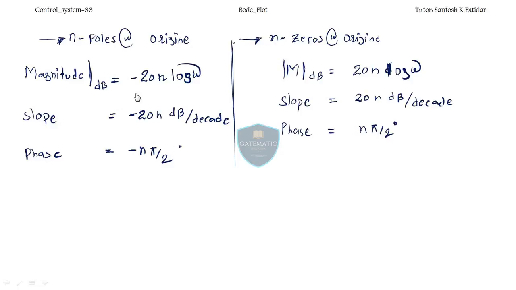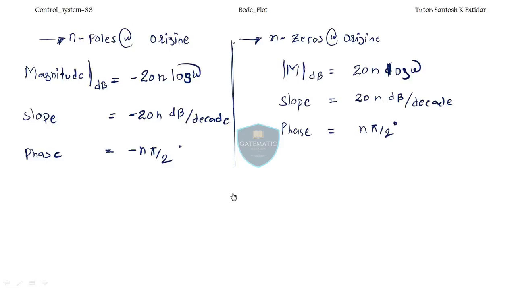Everything is the same, only over here you are getting negative terms, and over here positive terms. Now I have to draw the phase plot and the magnitude plot.